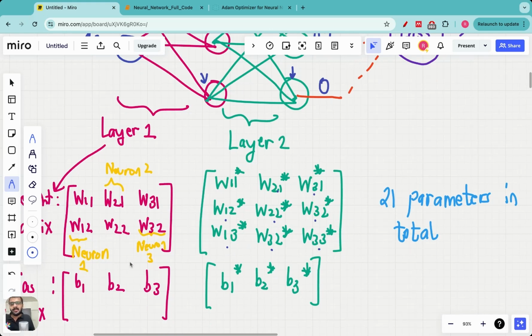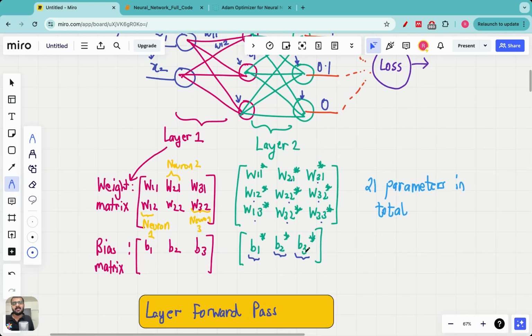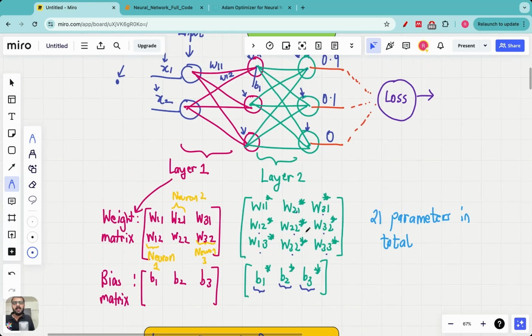Similar to the neurons in layer 1, the neurons in layer 2 also have a bias term associated with them. So the first neuron has a bias term B1 star, the second neuron has the bias term B2 star, and the third neuron has the bias term B3 star. All of these are the parameters of our neural network. If you count the parameters in the first layer, we have 6 plus 3, which is 9 parameters.